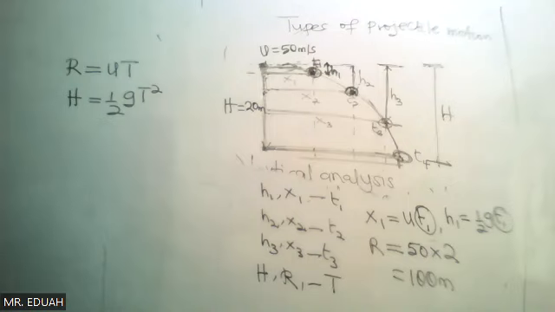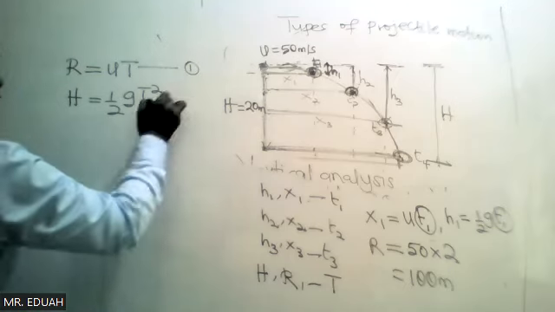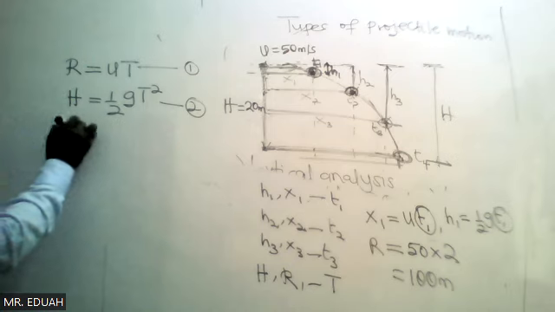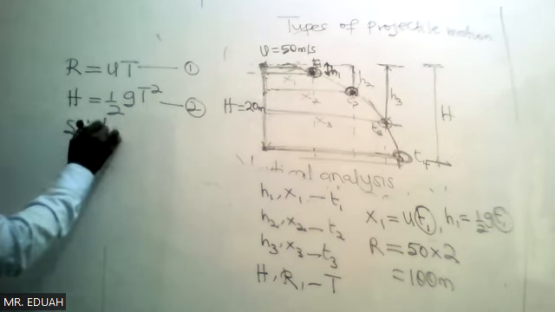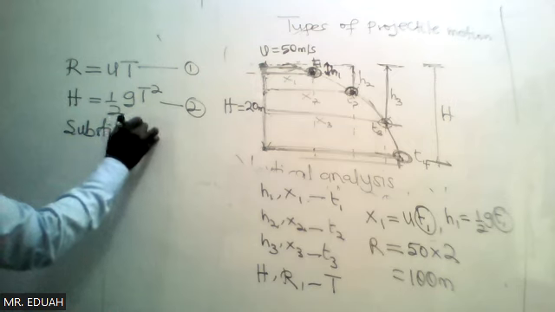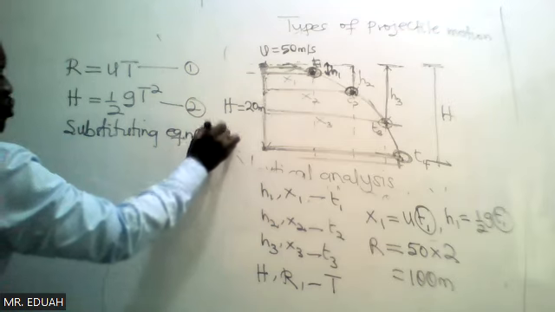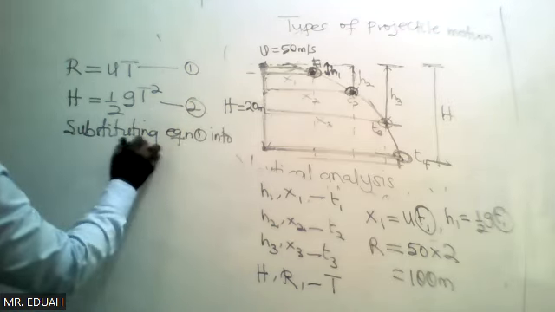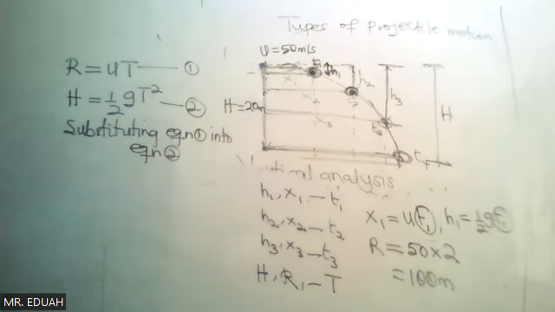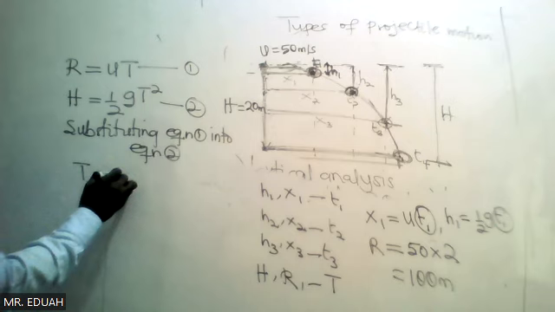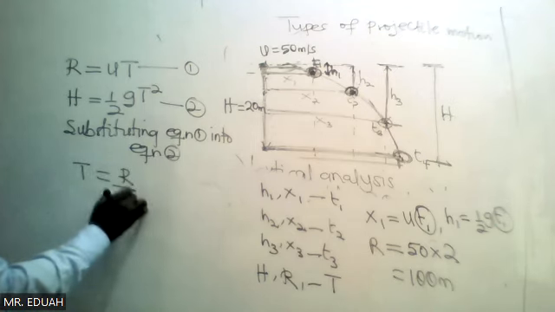If we make T the subject from equation 1 and substitute it into equation 2, we'll have T is equal to R over U.